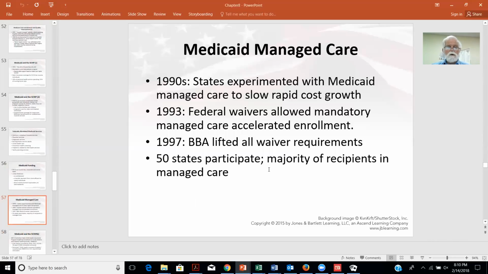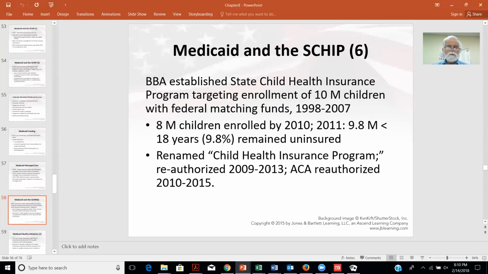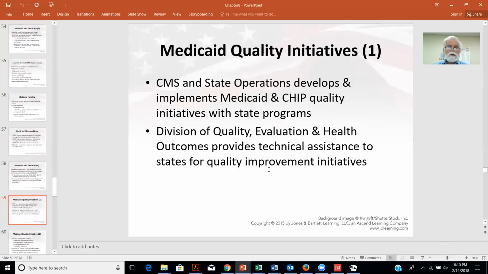Again, it started growing rapidly, and as economics influenced, we had more and more people trying to become a part of it. The child health insurance program is currently a political football, and we'll see what happens to that.